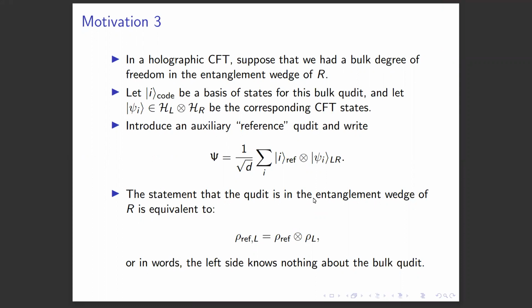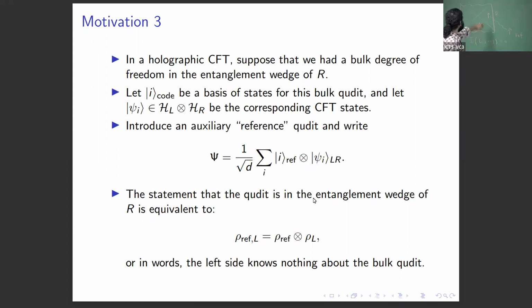But I have a naive question. Since L and R are entangled, I mean, they are not maximally entangled, but since they're entangled, why doesn't this reference state, which you're entangling with R, also get entangled with L?